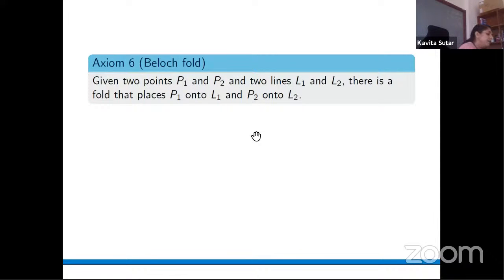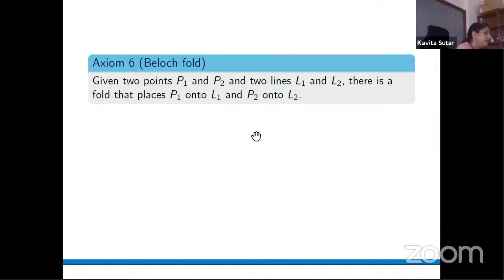So this special line is tangent to both the two parabolas that I have written earlier. Tangent to both parabolas. So this is the special Belloc fold. This is the Belloc fold.